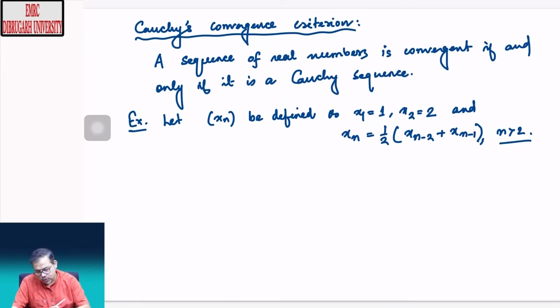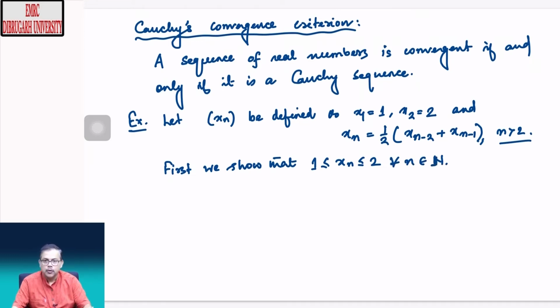Now, first we show that all the xn's are lying between 1 and 2. This can be done using the method of induction.